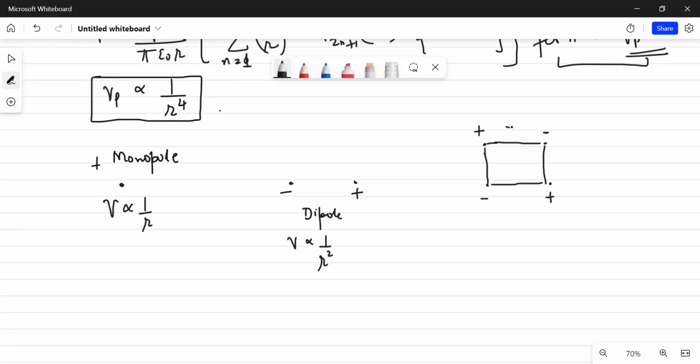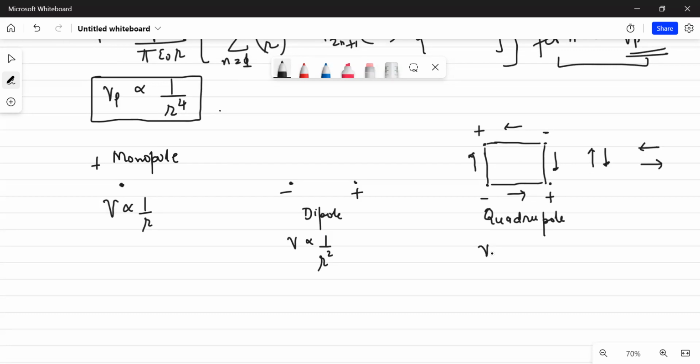This dipole is in this direction, and this dipole is in this direction. Dipole moment, sorry. So there are opposing dipole moments, and this kind of arrangement is also called a quadrupole. However, we have discussed our linear quadrupole system.